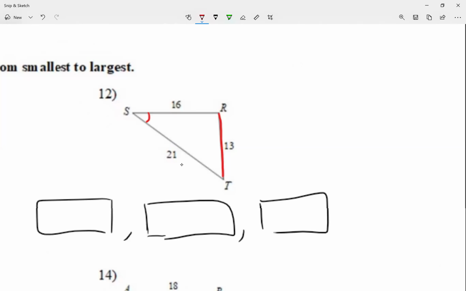So I'm going to call this R, S, T. Okay. Now for the medium angle, the medium side is 16. So the medium angle is this one. Okay, so all three letters, T in the middle. So I'm going to call this RTS.